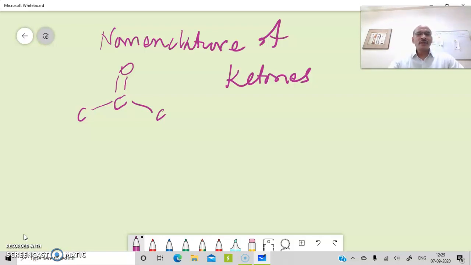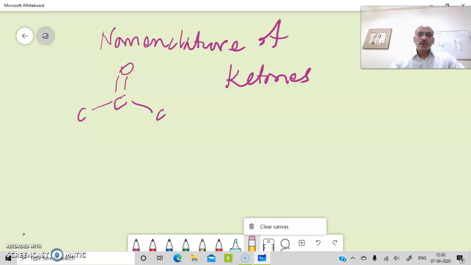So the first point you have to remember is that for ketone there is a presence of C double bond O. Then how to name molecules, that question arises, and today we are going to learn a common name system and the IUPAC system for different types of ketones: aliphatic, aromatic, cyclic, etc. Okay, so we'll start with that.